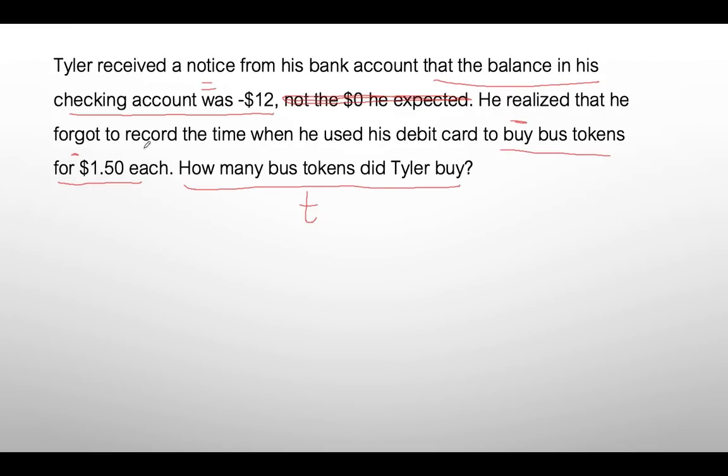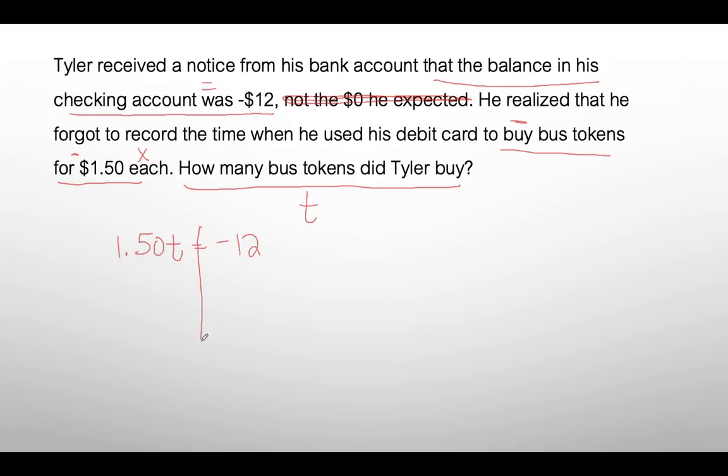Now, the word each signals to me that if I take the number of bus tokens he bought, and I multiply it by $1.50, I should be able to figure out how many bus tokens he bought. So I'm going to create the equation, $1.50 times the number of bus tokens is equal to negative 12. Because that's how much he spent all together on these bus tokens.